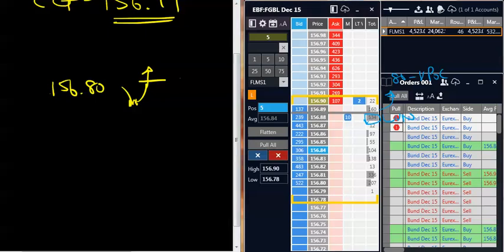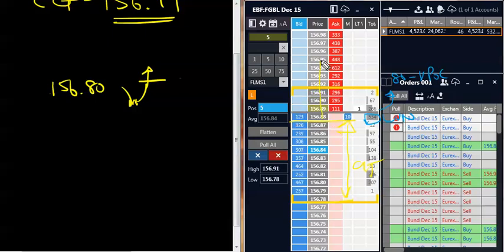Effectively, what we're looking at here is we had a range between 156.87s and 156.78s. So we had a 9-tick range. At the very least, we should be expecting 9 ticks to the upside through here, so from 87s up to 156.96.